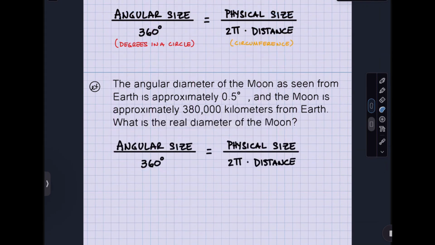What do I know? Okay. So we know the distance, right? And that distance is... what else do we know? Do we know the physical size or angular size? We know the angular size.